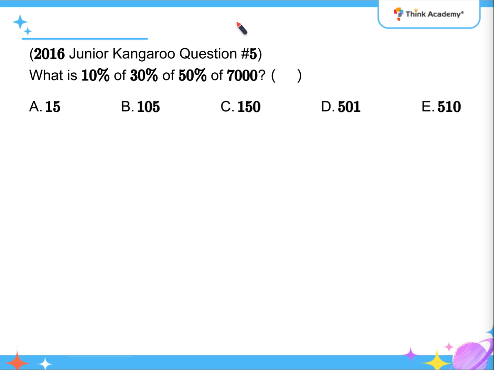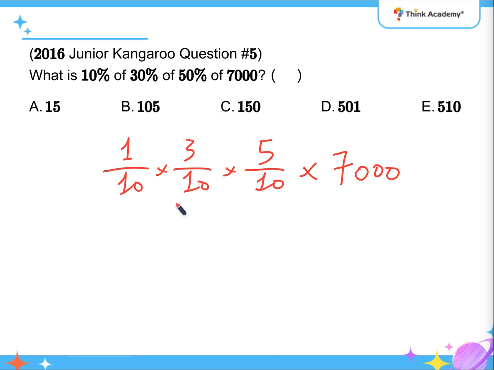So you can write this as fractions. 10% is a tenth. 30% is 3/10, 50% is, well, you can write it as 5/10 if you want to, or 1/2, but 5/10 might even be easier to calculate here.